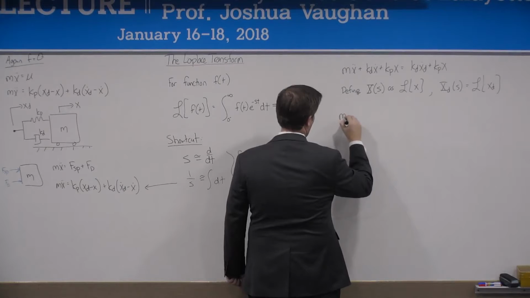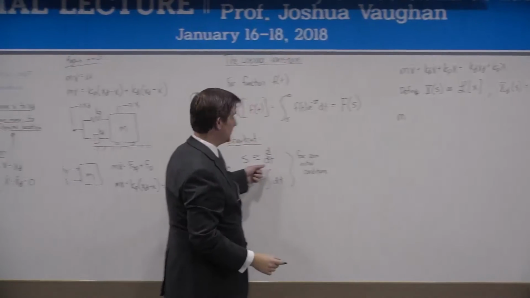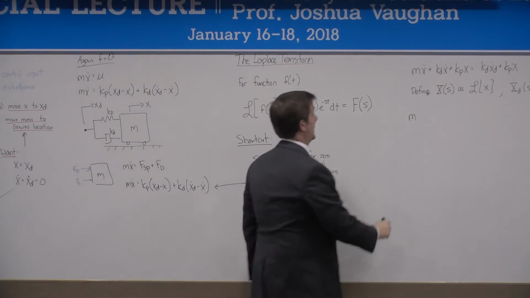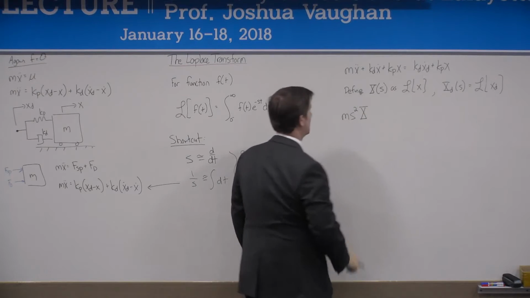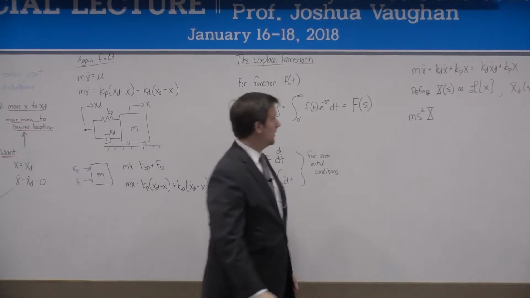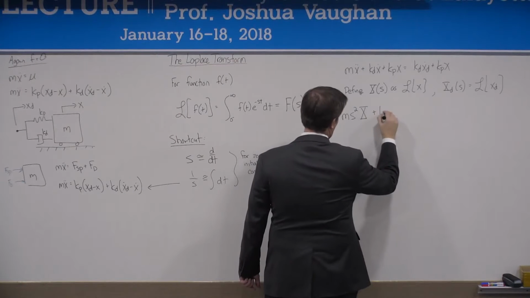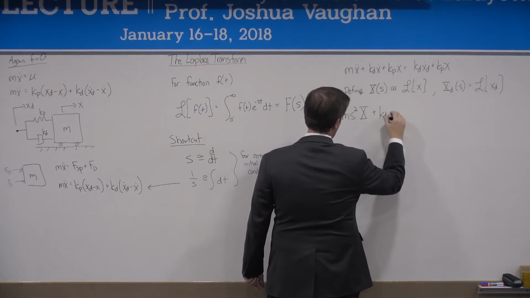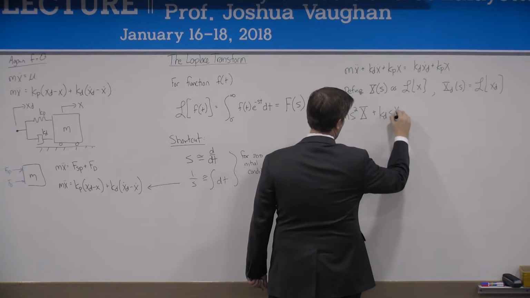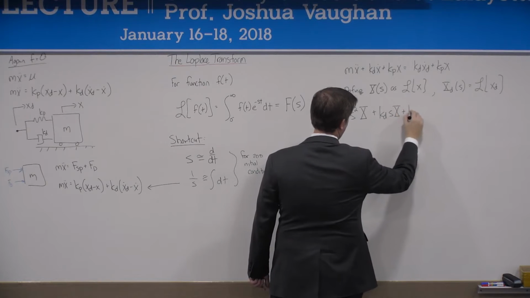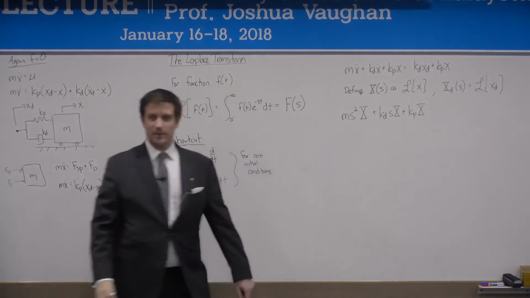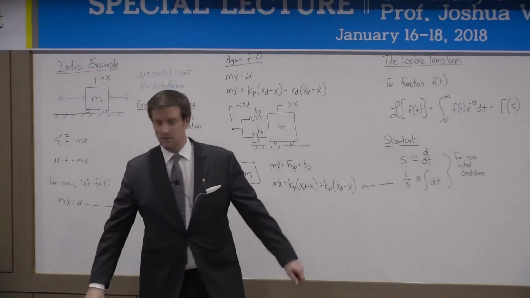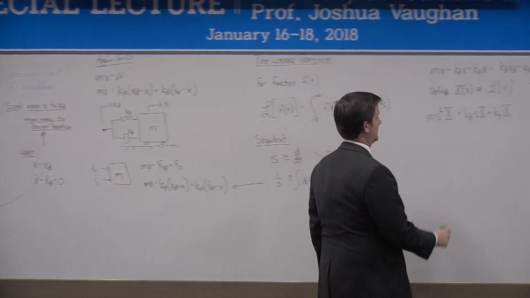And we have not one but two derivatives, so that's going to be like having s squared. And then we're going to have kd, and we have one derivative of x. So that's going to be our left side of that equation. And the right side of that equation follows something similar.